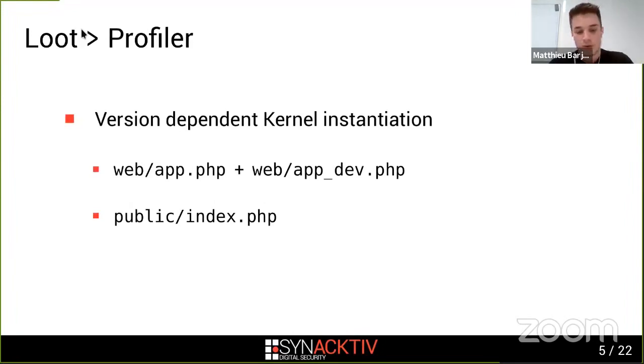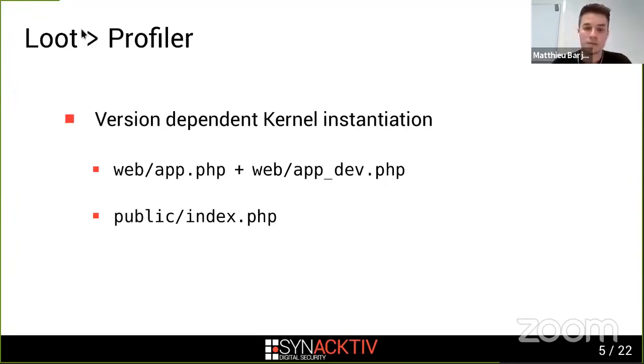So the core component of Symfony is its kernel. And according to the Symfony version your application is using, the kernel will be instantiated differently. In older Symfony versions, there were two files for two kernels. The first one, in app.php, was the default kernel created with production parameters.